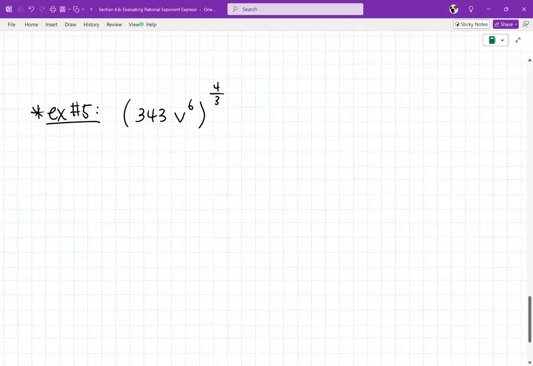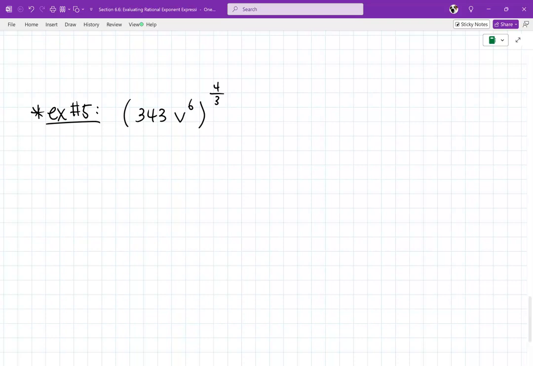Now you see how this one says 343 times v to the 6th, all raised to the 4/3. There was a property number 2 that I gave you that says if there's two things multiplying inside of a parenthesis and there's a power on the outside, what do I do with that power?